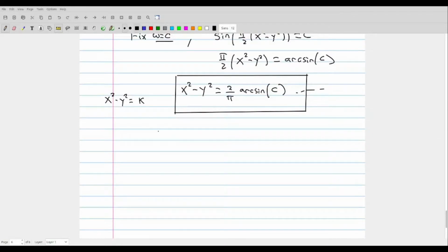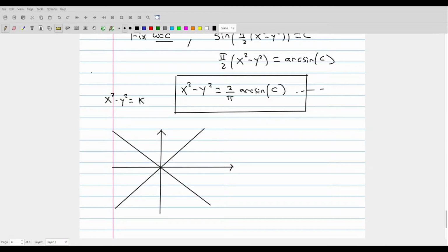So curves of this form are hyperbolas, like we talked about before. And so the level curves of this function are exactly going to be hyperbolas for various values of c.